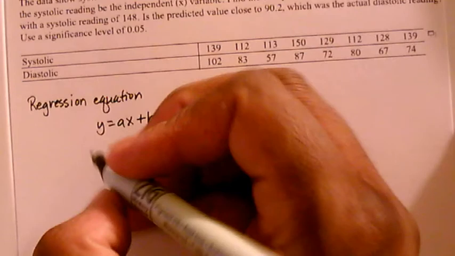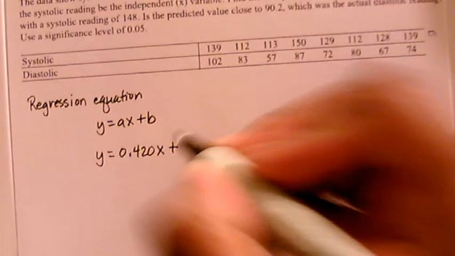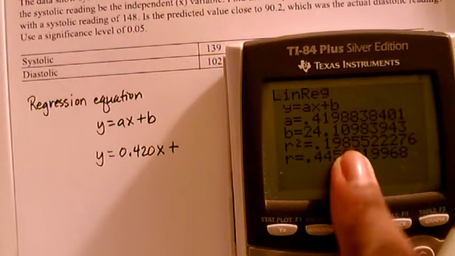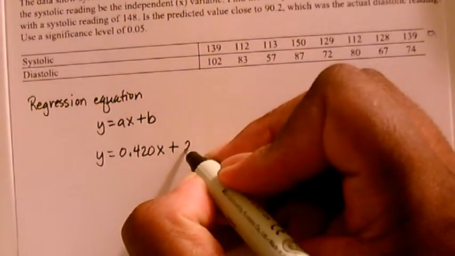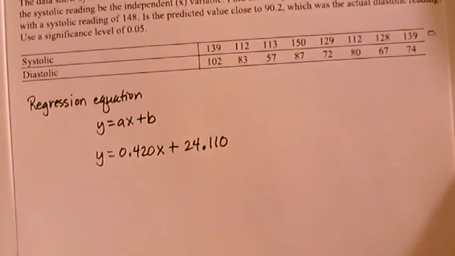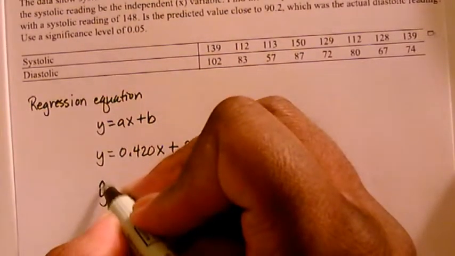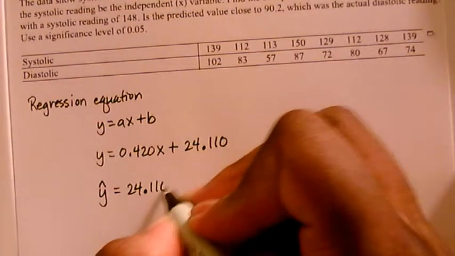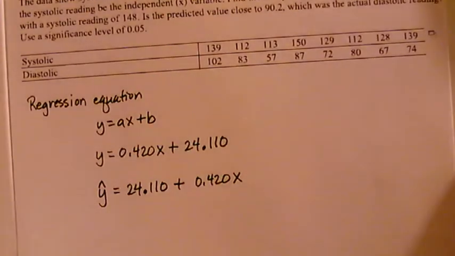Okay, so we got y is equal to 0.420 x plus b, and b is this number right here to 3 decimal places, 24.110. Now, the way we write the regression equation, we use y hat, and then we put the y-intercept first, so 24.110 plus 0.420 x. Okay, that's going to be your regression equation.